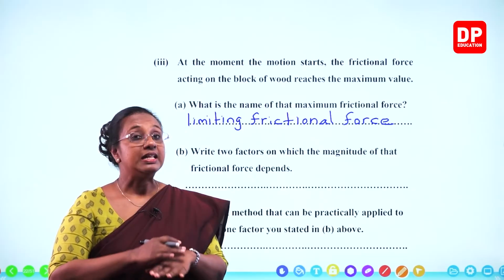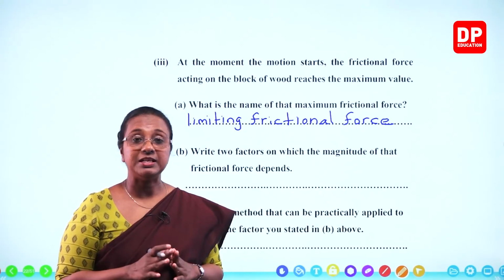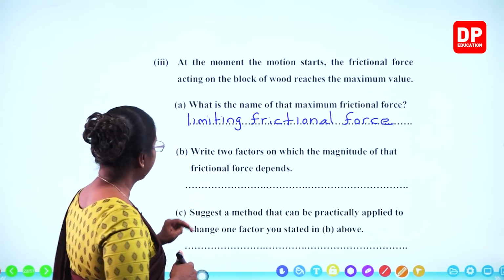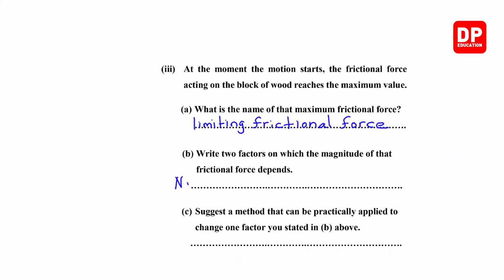But the surface area does not affect the limiting frictional force. You all are familiar with that. So write two factors. One is nature of surface, and the other one is normal reaction or perpendicular reaction.